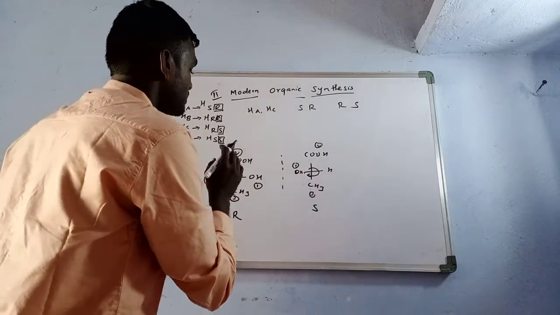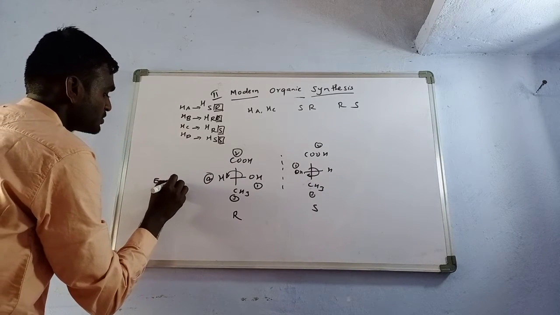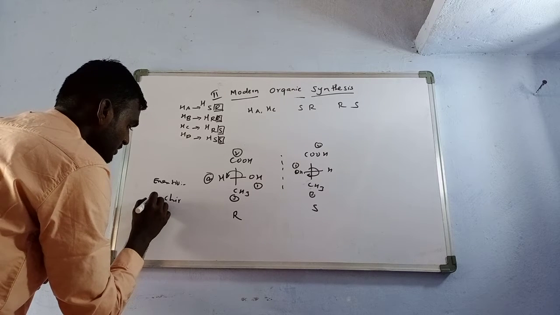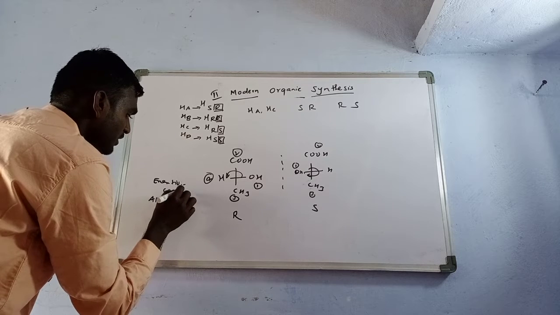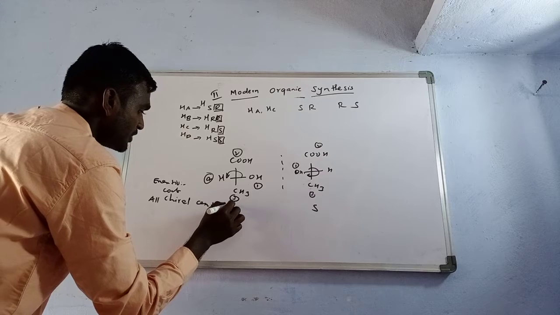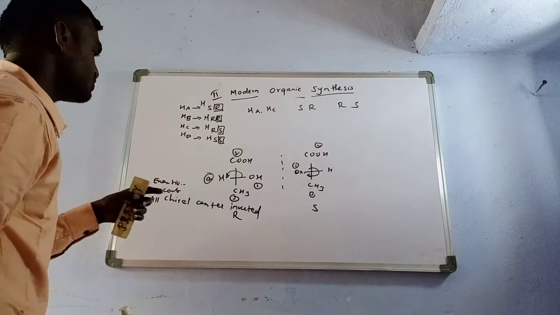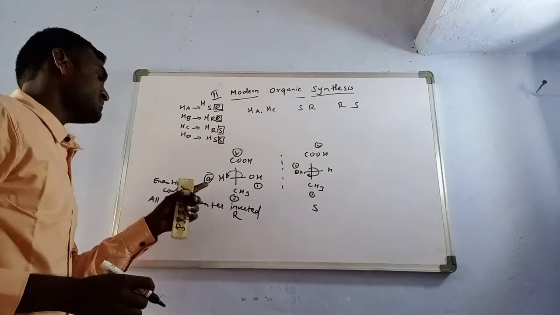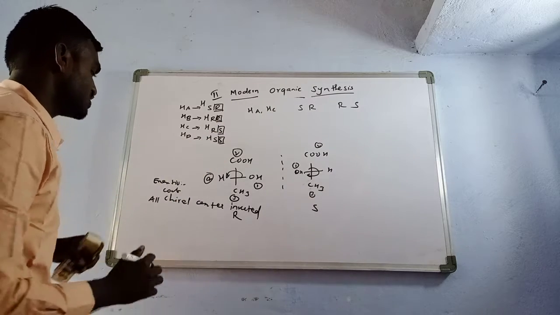So enantiomers means the configuration of all chiral centers is inverted. Enantiomers means the configuration of all chiral centers is inverted, then such molecules are known as enantiomers.